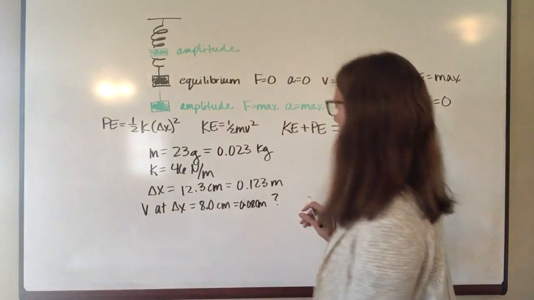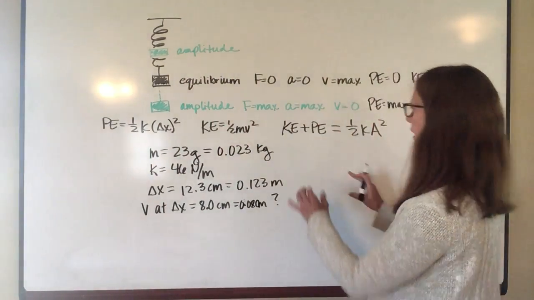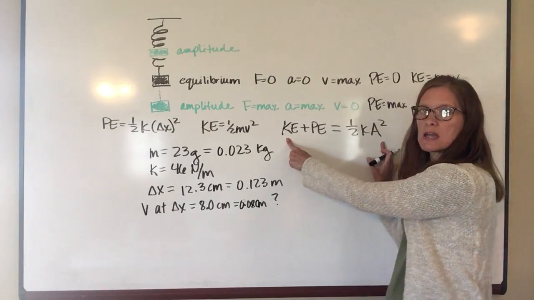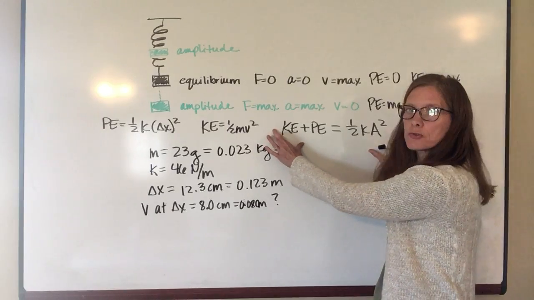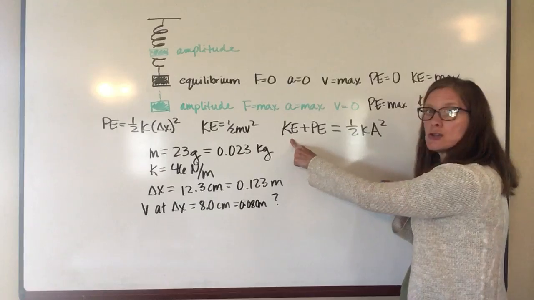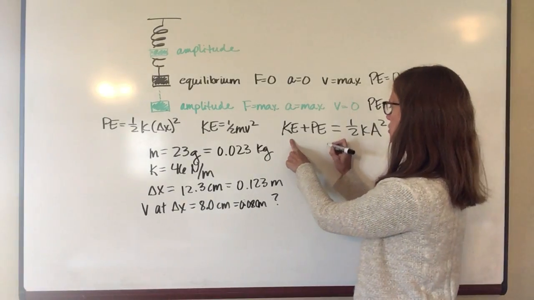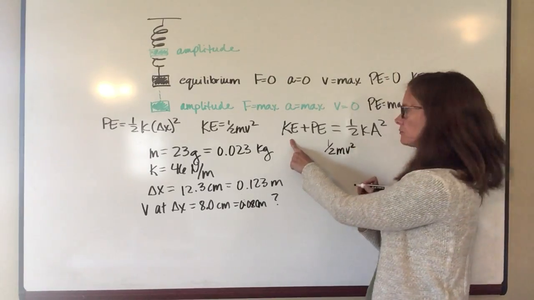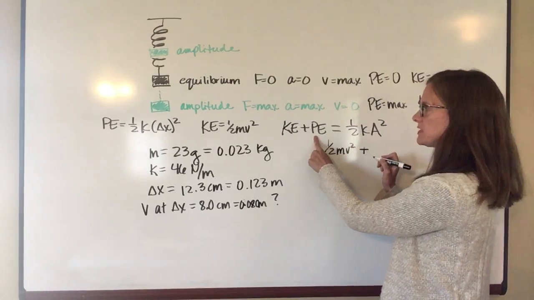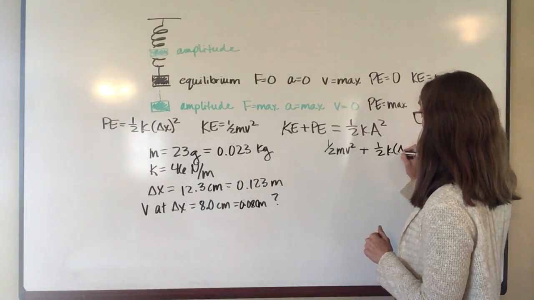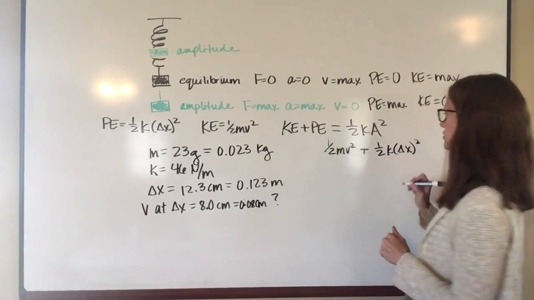All right. In order to calculate this, I'm going to use kinetic energy plus potential energy is 1/2 K A squared, because this is the equation for total energy of the system. I know that kinetic energy is 1/2 mv squared. I know that potential energy is 1/2 K delta X squared.